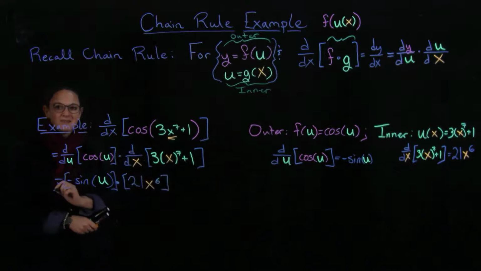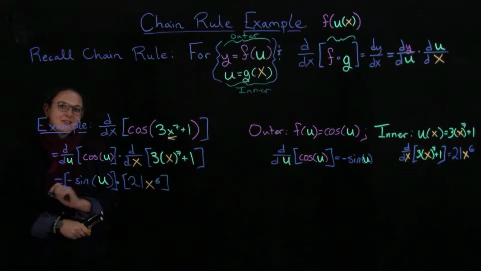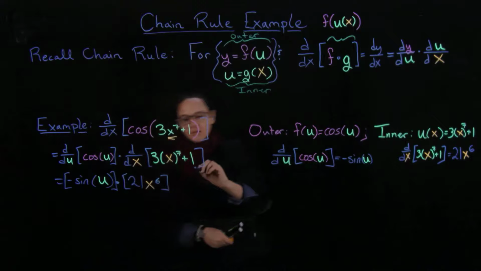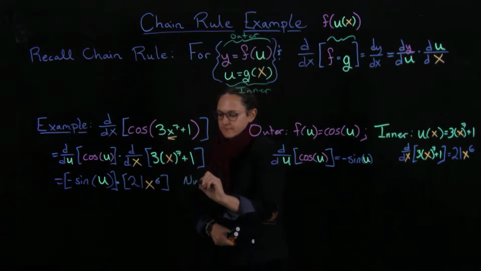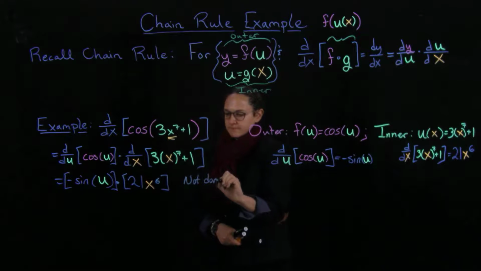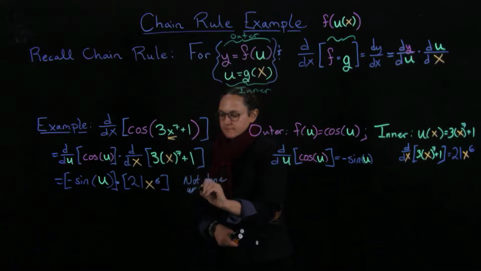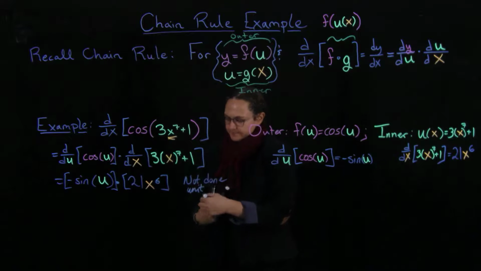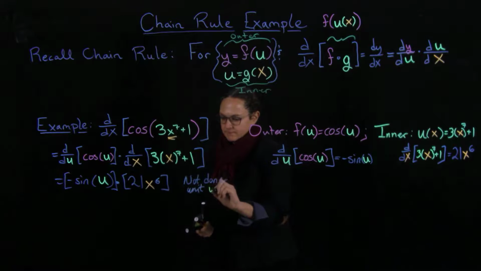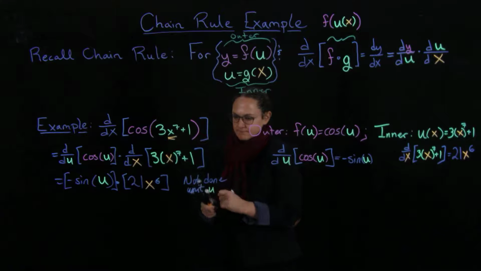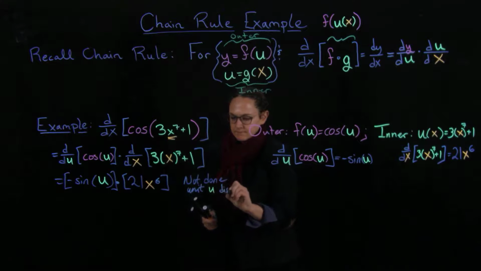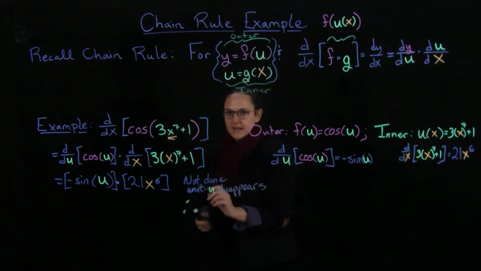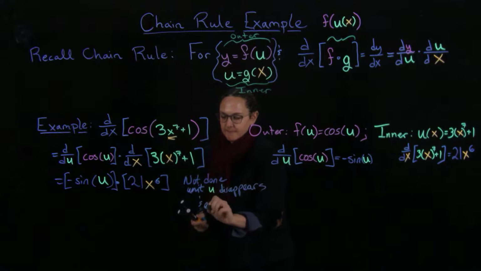I'm not done yet, right? How do I know that I'm not done? Because I have two variables going on, okay? So I'm not done until my u disappears and I have everything in terms of x.